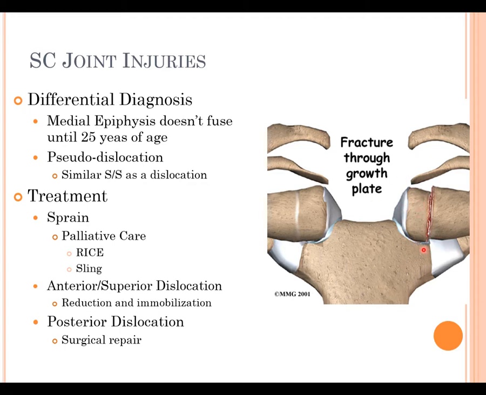It's going to look very similar, except there will be this bump still hanging out at the SC joint. The signs and symptoms are going to be very similar, but either way, we're going to want to refer that. So in the grand scheme of things, yes, you want to try to differentiate a regular dislocation compared to an epiphyseal fracture, but either one is going to be sent for treatment.